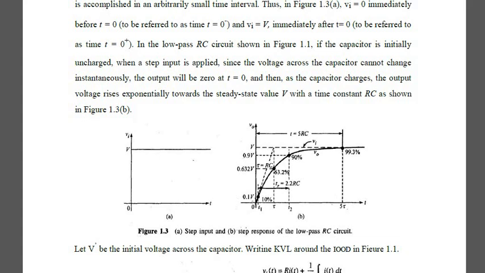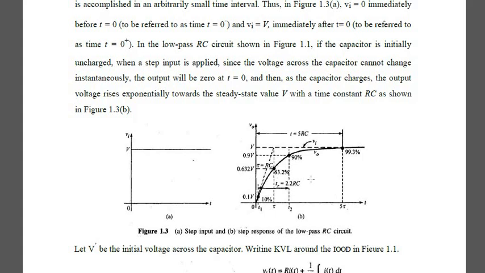So the time required to go from this voltage to 0.9 of the voltage, the difference between these two times, is the rise time TR of that particular circuit. From 0.1 it is 0.1 RC, and the time to reach from here to here is 2.2 RC.